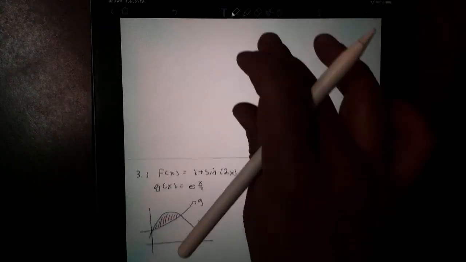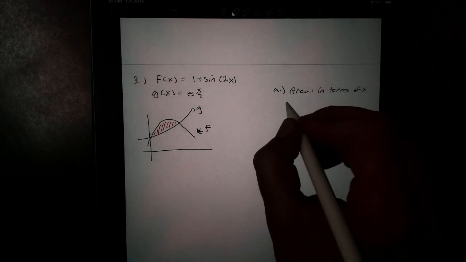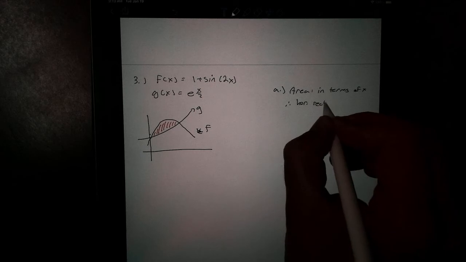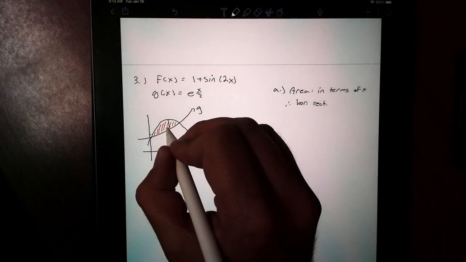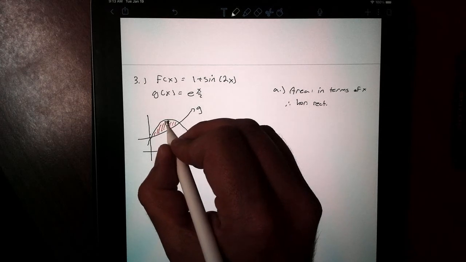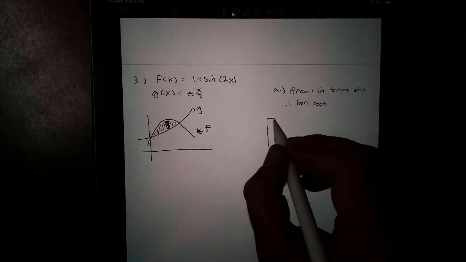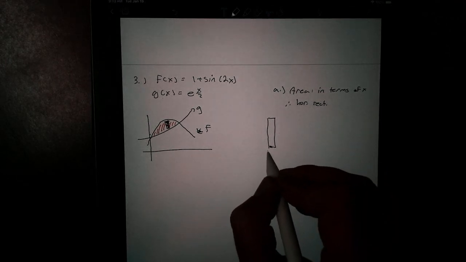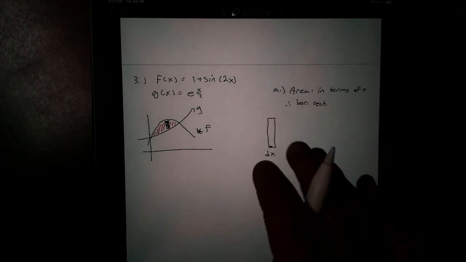So we are in terms of x, so this is going to tell me to draw a vertical rectangle. If I'm looking for the area, I'm looking at my rectangle right there, and I'm going to blow up that rectangle. Remember, the skinny part is the d of whatever we're in terms of, dx. That makes it really easy for you.